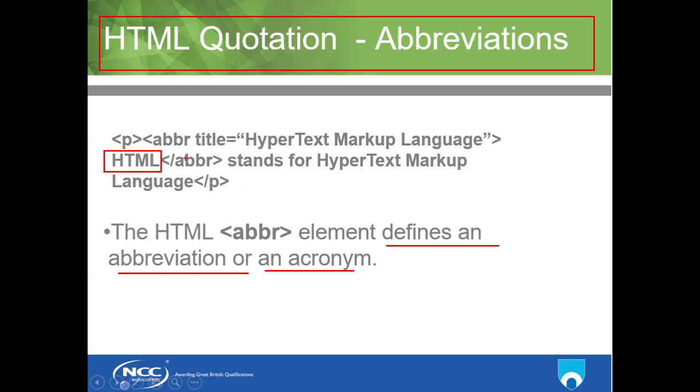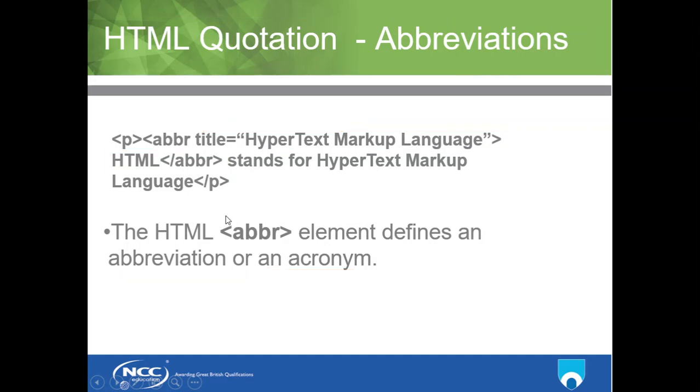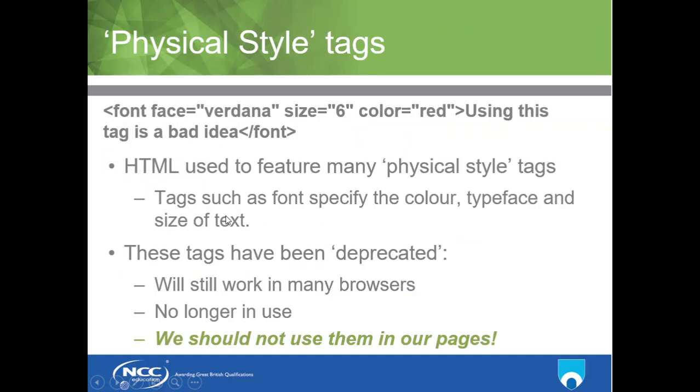So really, you can enclose HTML inside the abbreviation element in order to provide the full text. It has the title attribute, as you can see here, and this is the full text of that particular abbreviation. So you use it to provide abbreviations. And then you have the physical style tags.